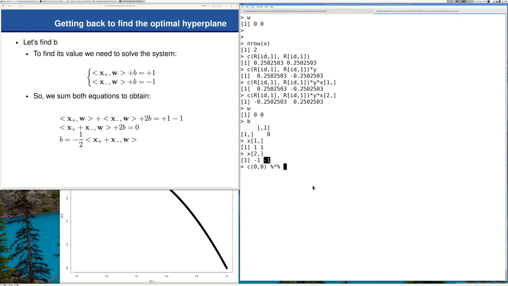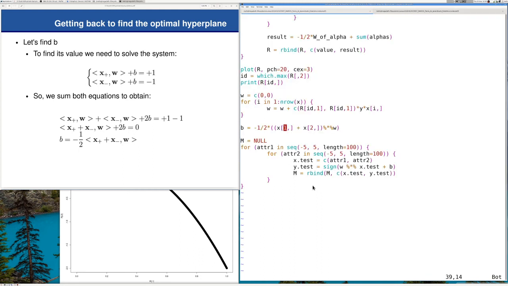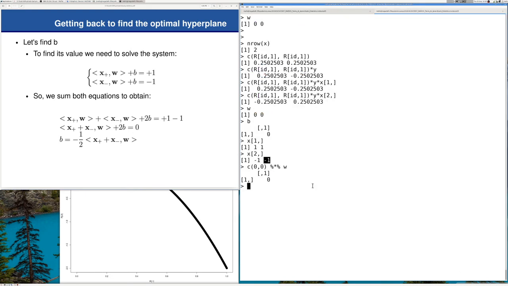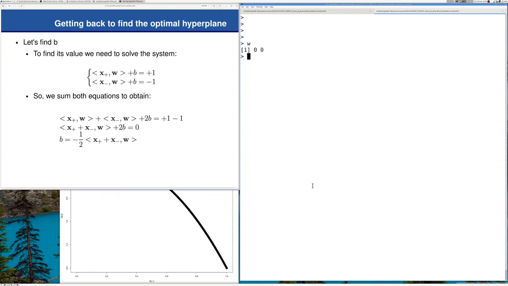And then I compute the dot product, or the inner product, by W, and that's going to be B equals 0. It makes sense again. Okay, so what's going to happen with my sign function over here? Let's see what happens with W and B. Of course, if I take my first point, what is my first point?